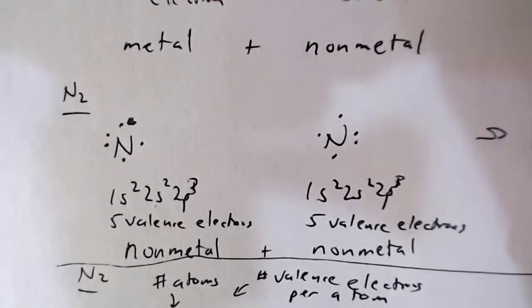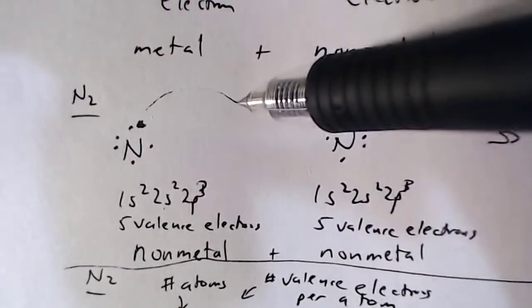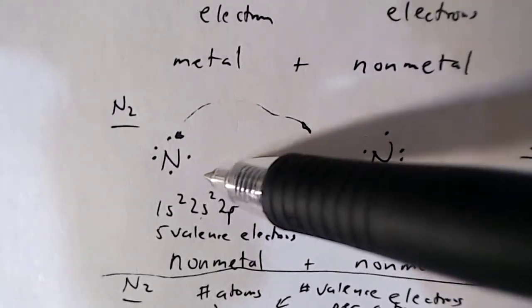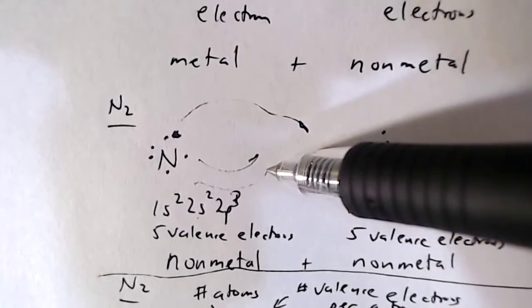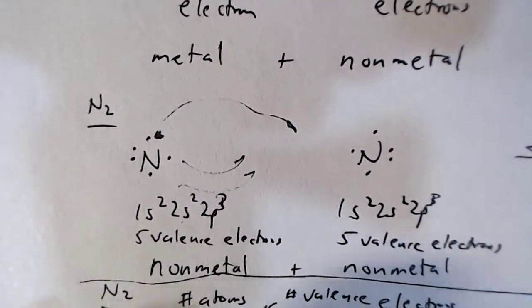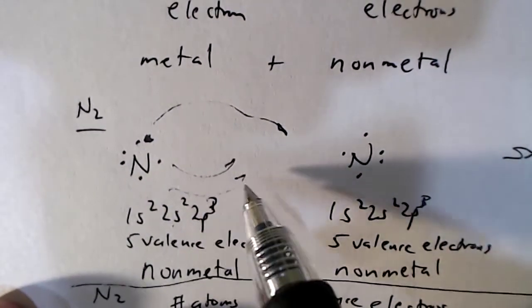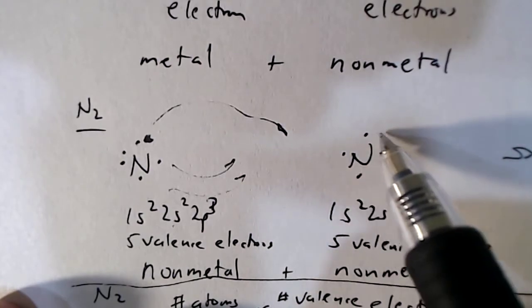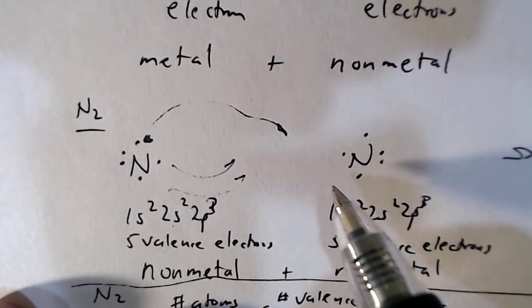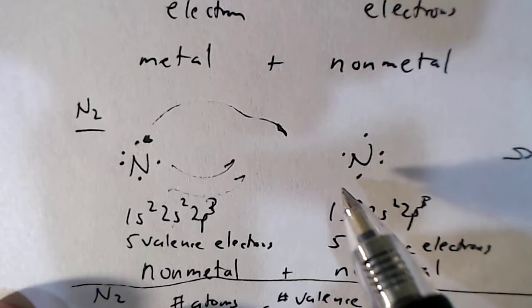So it can have a transfer of an electron, another electron, and another electron in towards it. Then this nitrogen, instead of having 5, will have 3 more near it, for a total of 8 valence electrons.